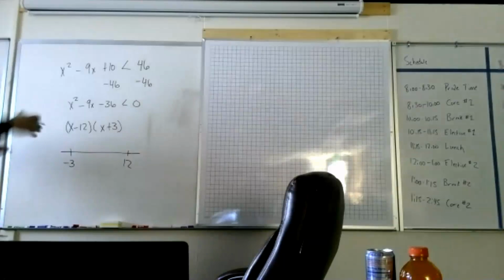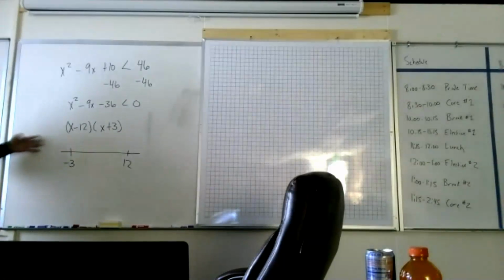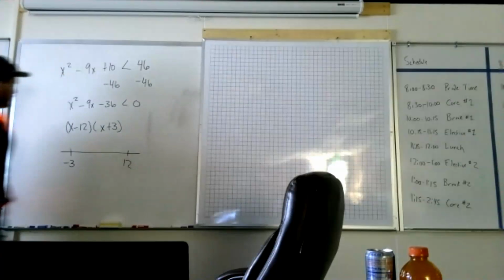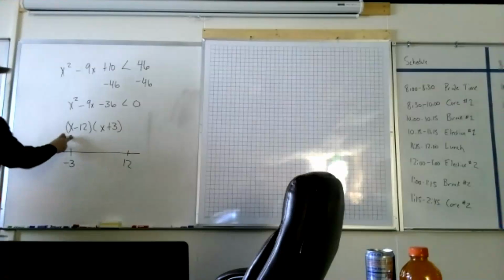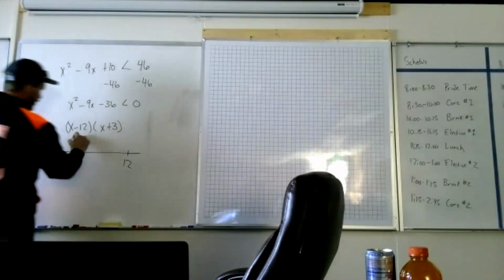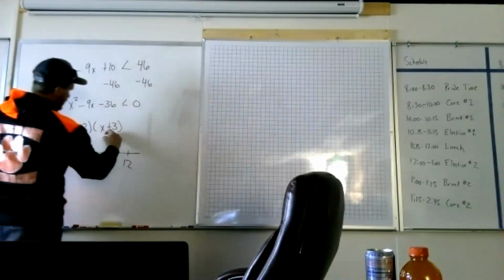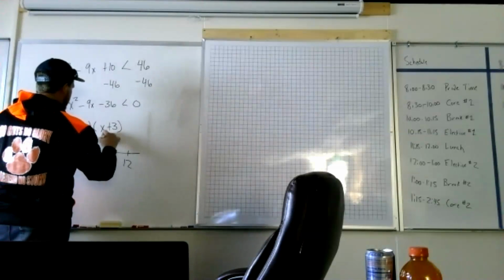Once again, end behavior determines that probably this side's going to be positive and this side's going to be positive as well. But we just plug it in to check. So when I plug in negative 2, minus 12 gives me negative 14. Negative 2 plus 3 gives me a positive 1.